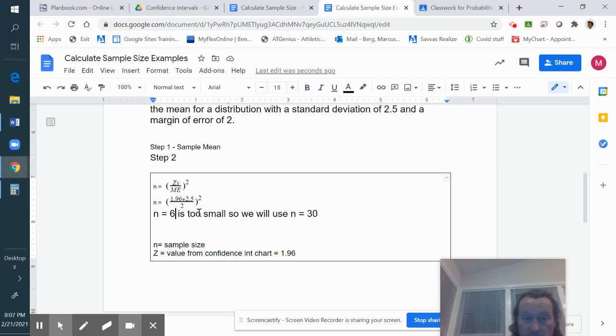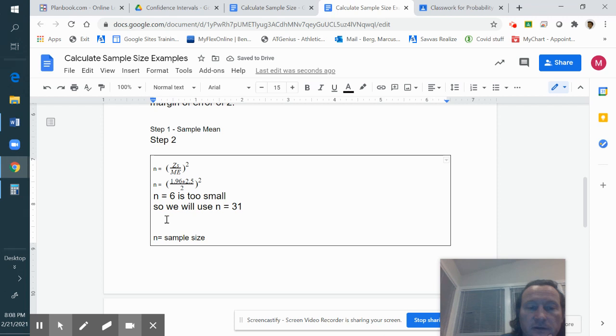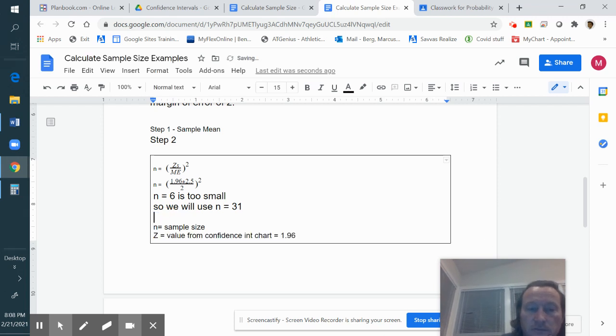We got 6, and because that gets us into the t chart area, it's too small. So let's bump it up to the z chart area. Actually, let's make it 31. 30 would still be a t chart. All right, so you do this one.